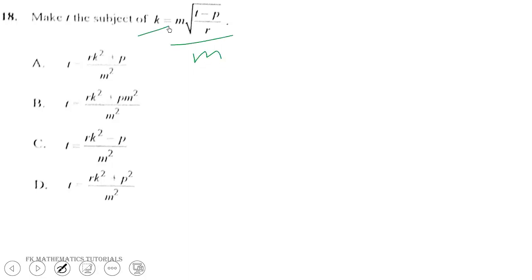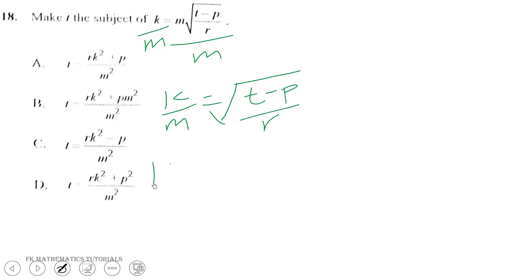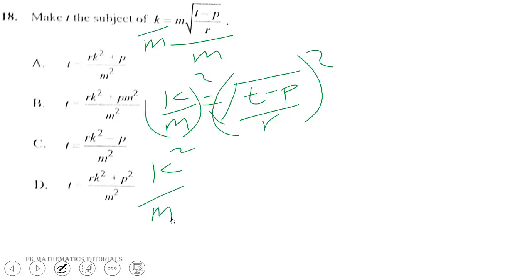So divide both sides by M. Then we have K over M is equal to the square root of T minus P over R. So we square both sides now to undo the square root. So we have K squared over M squared is equal to T minus P over R.